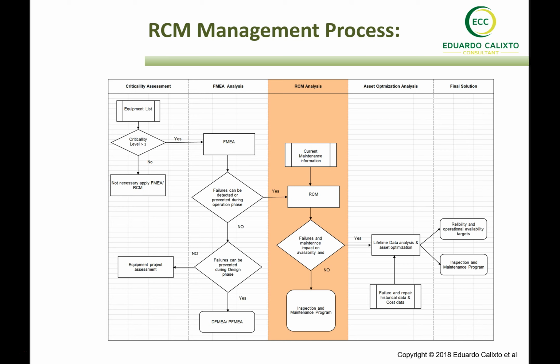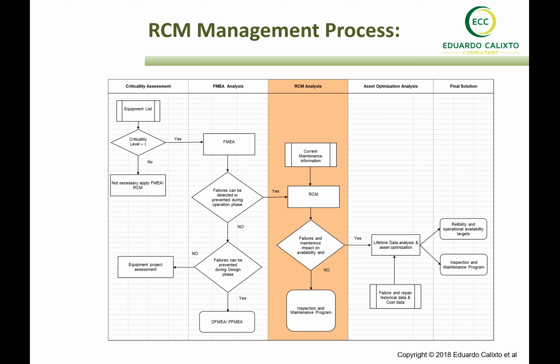For the maintenance group, it will be RAM analysis at the equipment level, as we already demonstrated in Module 3. Also, we need to consider the impact on life cycle costs of all preventive maintenance. That's what we discussed during Module 4.